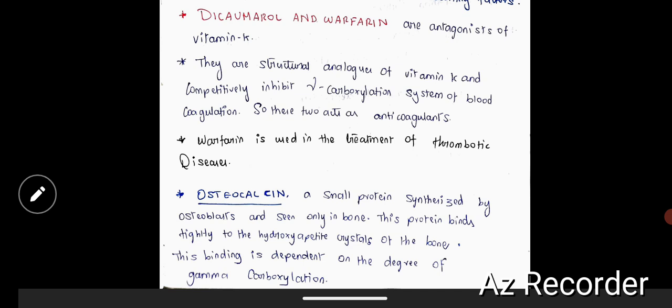Osteocalcin is a small protein synthesized by osteoblasts and seen only in bone. This protein binds tightly to the hydroxyapatite crystals of the bones. This binding is dependent on the degree of gamma carboxylation.